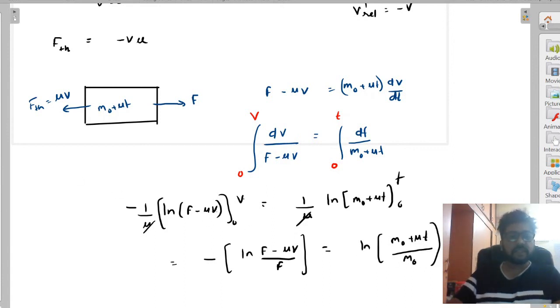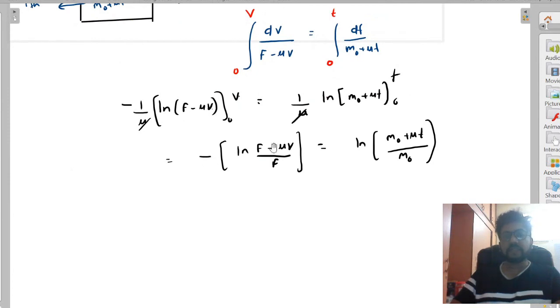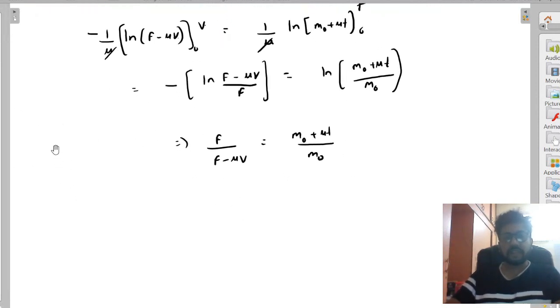So if you take this minus inside, you will get F by F minus mu v is equal to m naught plus mu t upon m naught. So from this you can say F minus mu v is equal to F m naught upon m naught plus mu t, right?